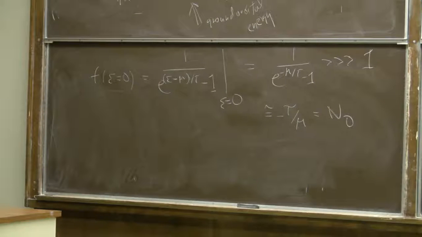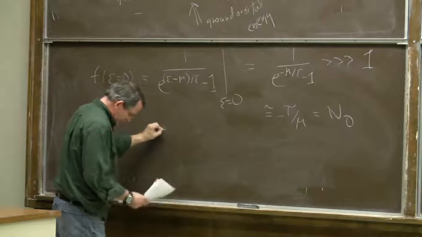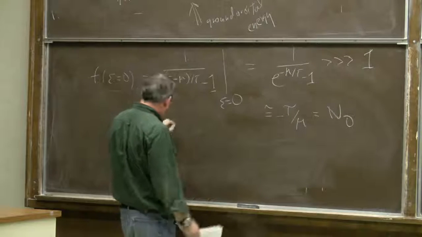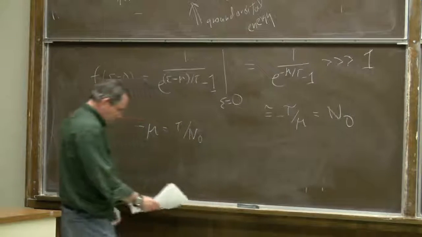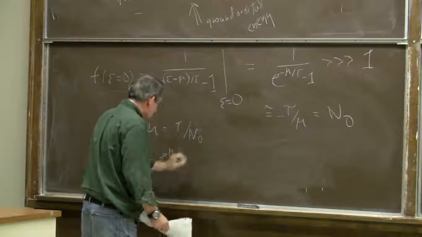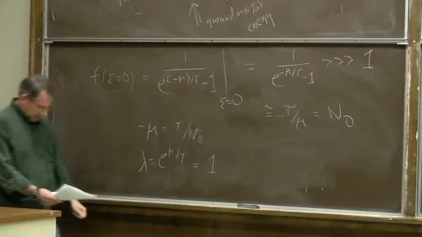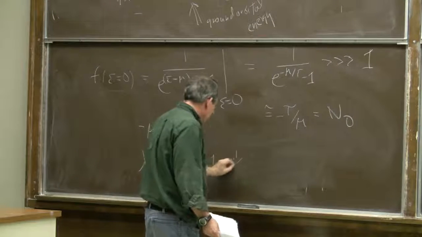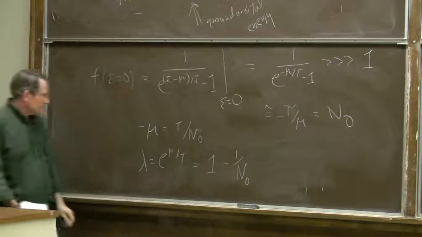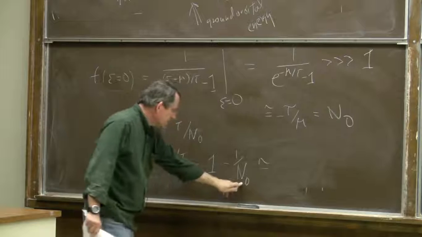So if I want to have a number of particles n0 in the ground orbital, I choose the chemical potential mu, I choose minus mu to be tau over n0, or if you want to say it in terms of the activity, lambda equals e to the mu over tau, when n0 is very large, is 1 minus mu over tau over... that is, 1 minus 1 over the number of particles in the ground orbital, which, for a large system in a Bose-Einstein condensate, is a huge number.